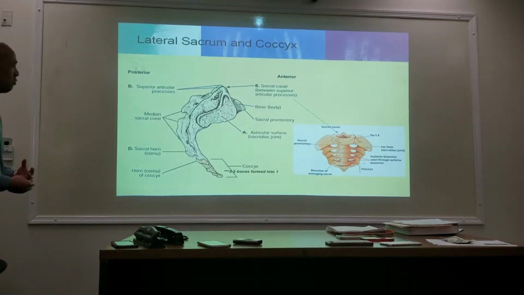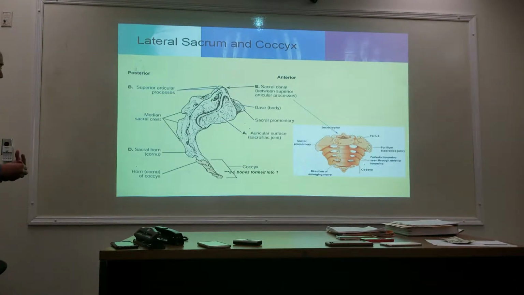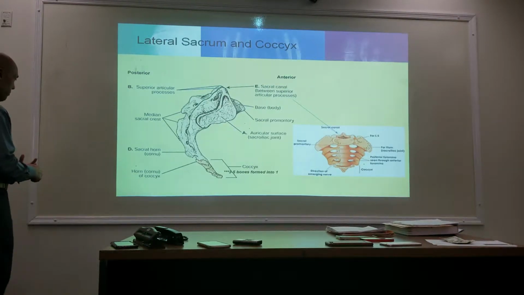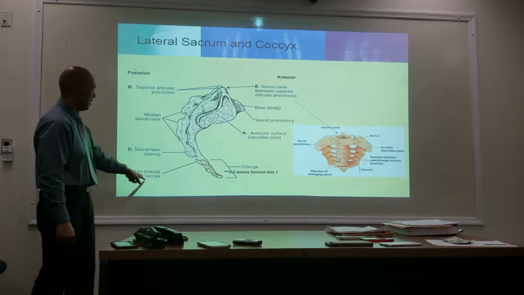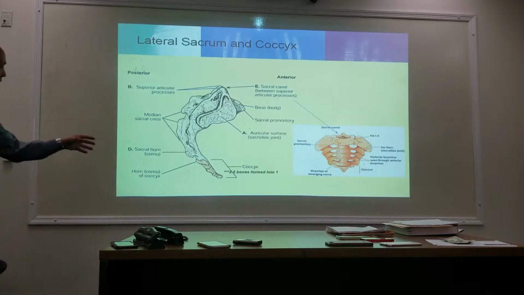It is a tubercle that projects outward, posteriorly and downward. And then you also have the horn or cornu of the coccyx, except this time it projects upwards. We'll talk about that in the coccyx later on.